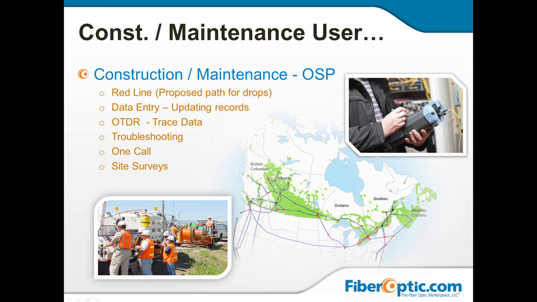When it comes down to troubleshooting and the emergency restoration we've already spoken to, being able to quickly identify the actual geographical location of a break is critical to meeting service level agreements. A lot of times I've been the guy that gets the call in the middle of the night.